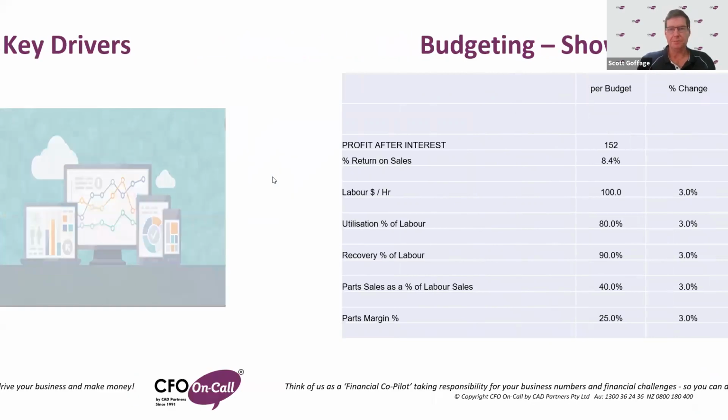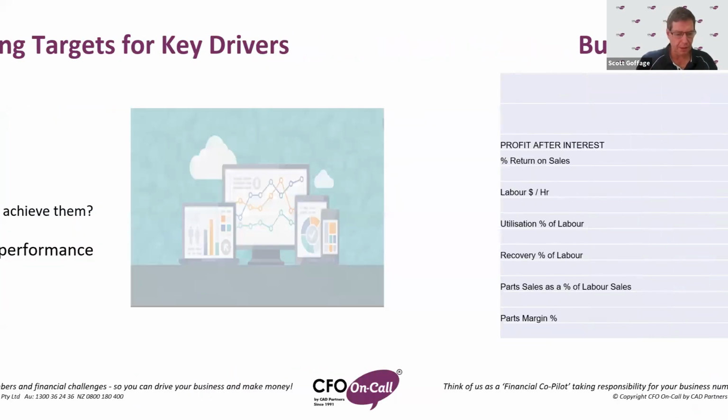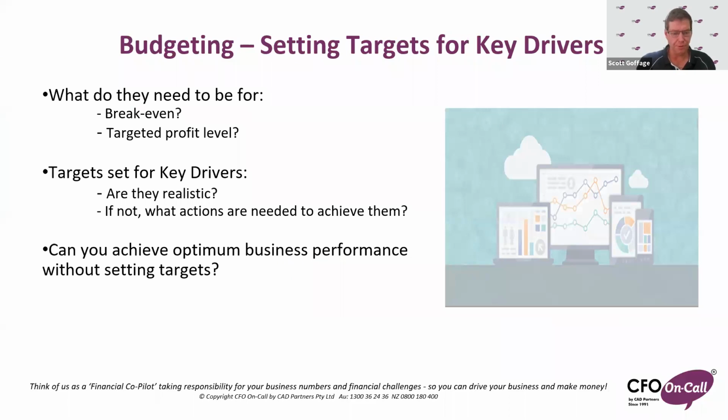When setting targets for key drivers, these are, I think, questions you should be asking yourself as a business owner. So what do I need to be targeting for each of these key drivers for my business to be break even? What do I need to be achieving for each of those key drivers to hit my targeted profit level, whether it's 10% return or 15% return?